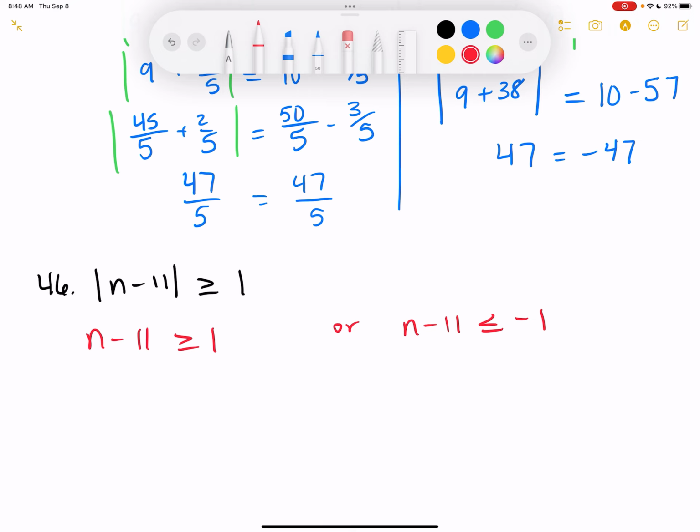So I would have n is greater than or equal to 12. And on the other one, I would have n is less than or equal to 10.